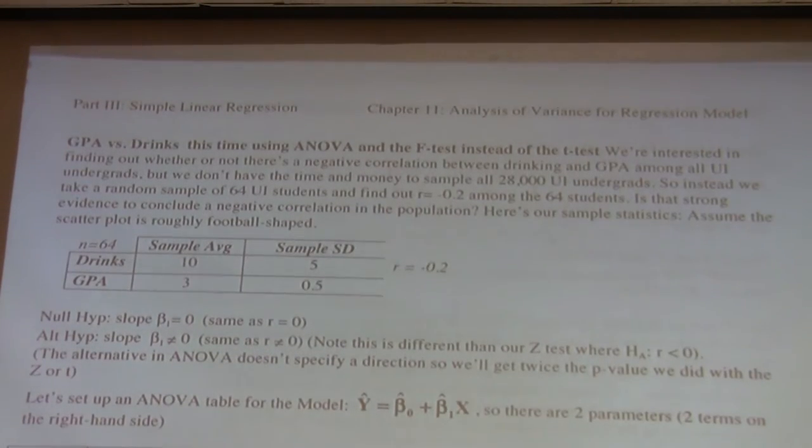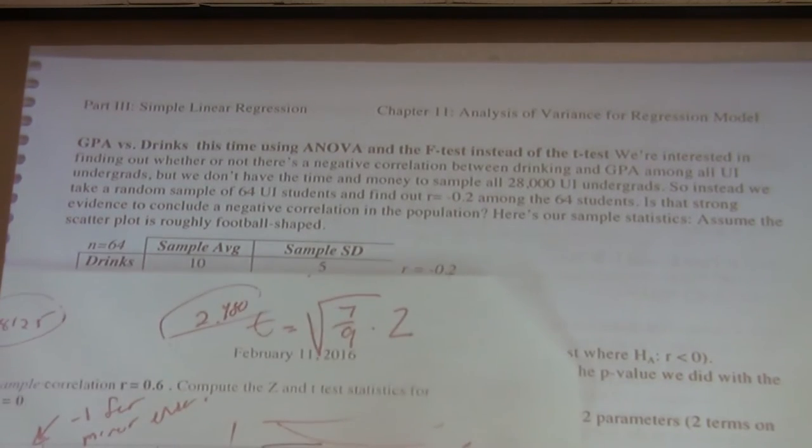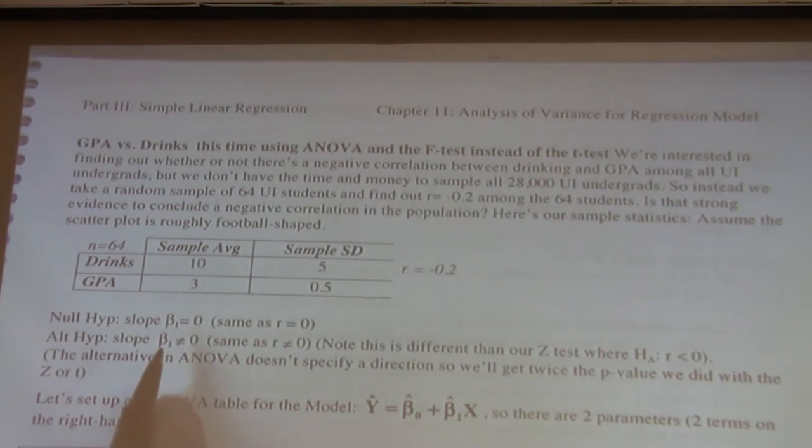You could just do it exactly like you did on the exam, and test whether the population slope, the null, is that the slope is equal to 0, and the alternative here is going to be non-directional.